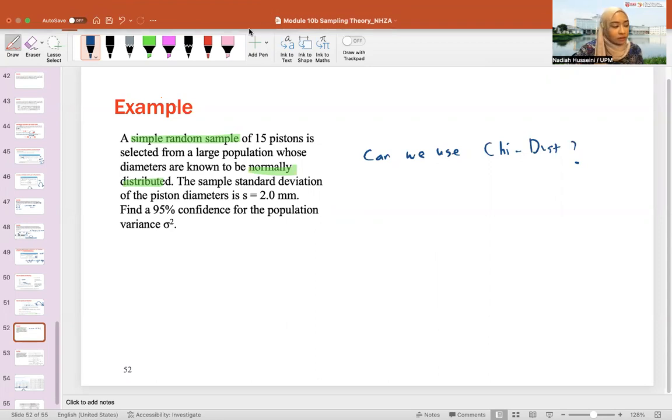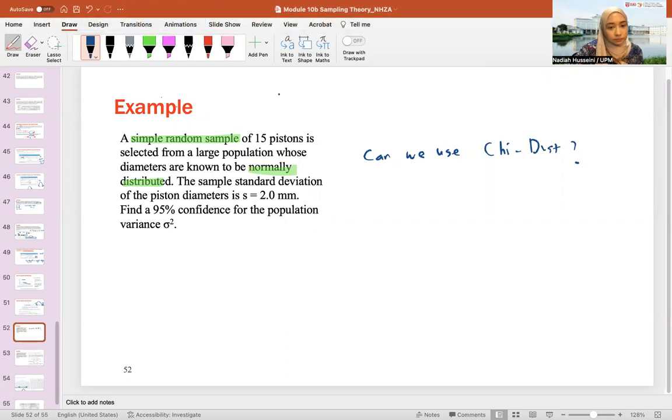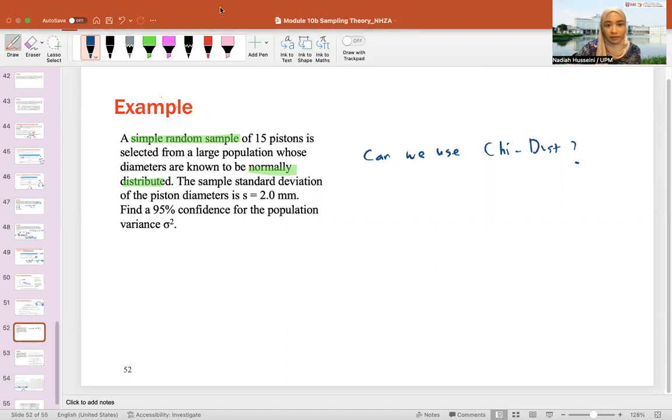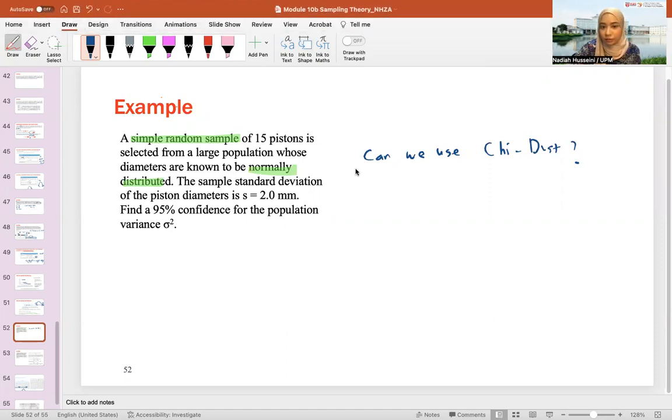It's okay if we get it wrong. Can we use it or not? Not. Because? Anyone wants to help your friend? Actually, I did not know who was talking just now. So your friend said you cannot use the chi distribution. Any answers? Why? So this could be a question in the exam.